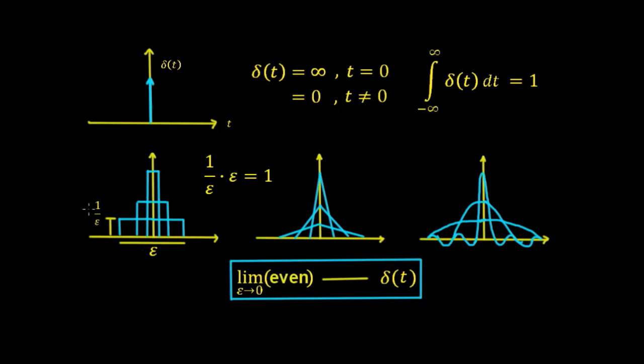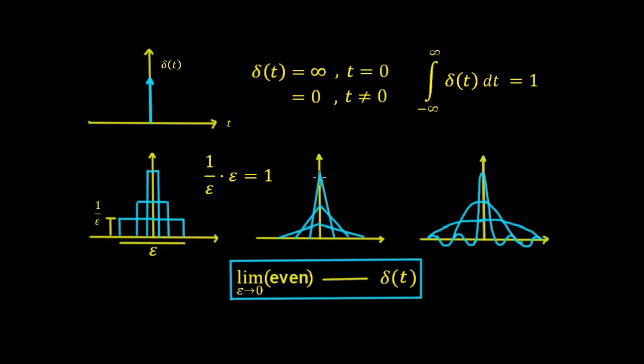So we notice all we're doing here is using an even function in order to produce this. We could use any even function. Here's another even function here. We could look at a triangular pulse, and if we were to halve the distance, we would have to increase the height to keep the area as 1, and so on and so forth.